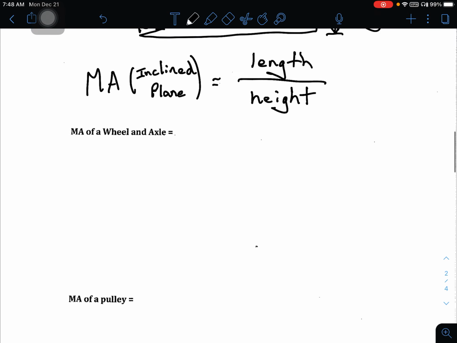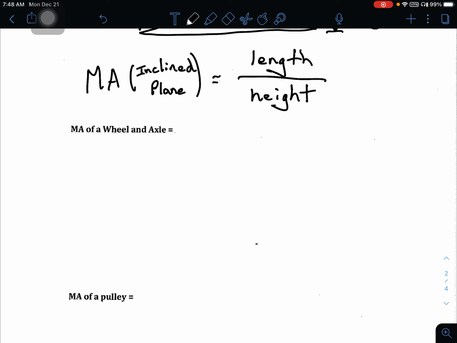A wheel and axle. So wheel and axle, if you remember correctly, and I wish I was a better sketch artist, but let's just say that you have a large round object like this, and then you have it connected to and turning along with a smaller round object, right? This large part is called the wheel, and this smaller part is called the axle.